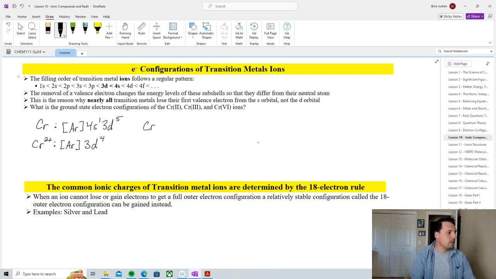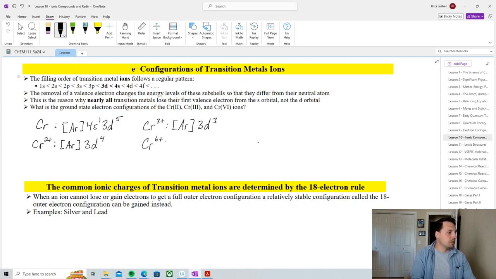And then for chromium 3+, we have to remove 3 electrons. So we'd lose 2 of them from the 4s block, and then we'd remove 1 more from the 3d block, giving us 3d3.